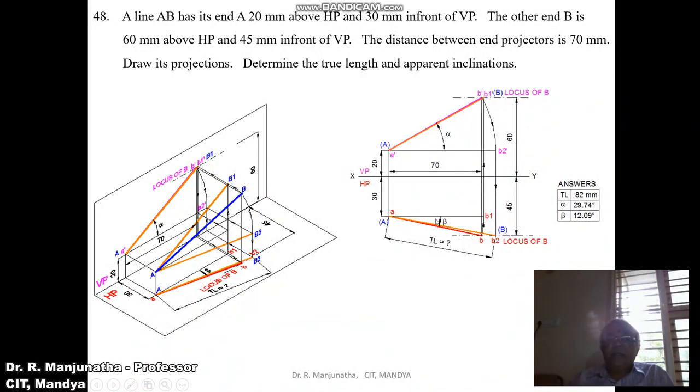Here you measure the apparent inclination with respect to VP, which is beta, and the apparent inclination with respect to HP, which is alpha.